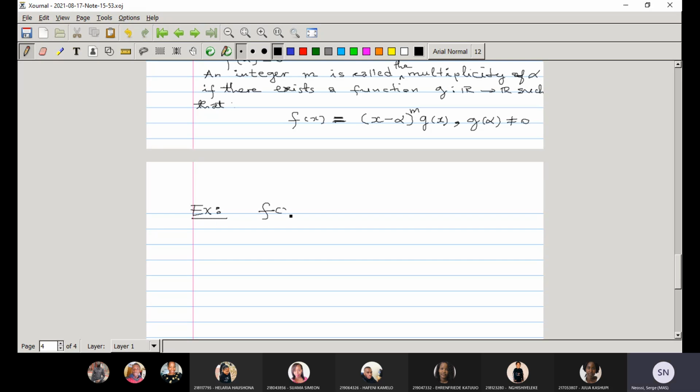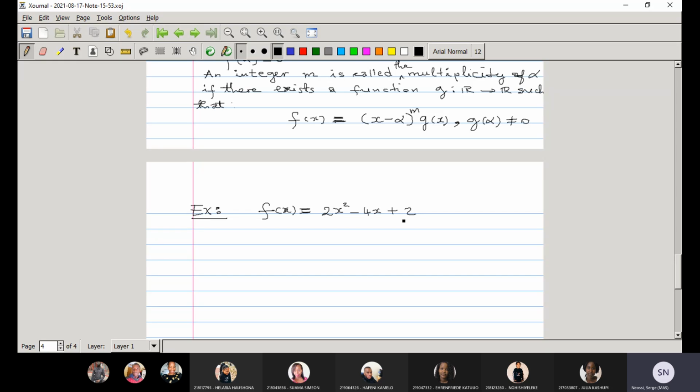Let's say, for instance, f of x equal to 2x squared minus 4x plus 1.